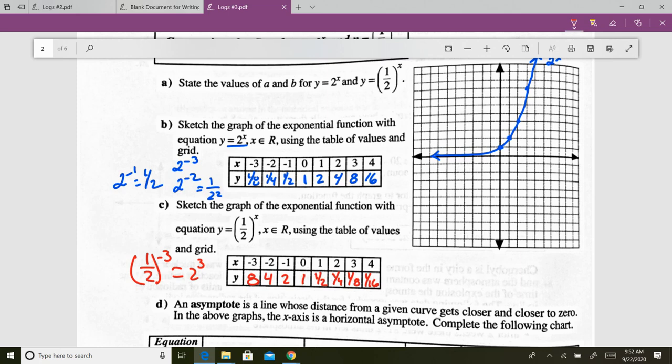So if we plot those points, negative 3 and 8, negative 2 and 4, negative 1 and 2, 0 and 1, and then they get small on the other side. So that orange graph is 1/2 to the power of x.